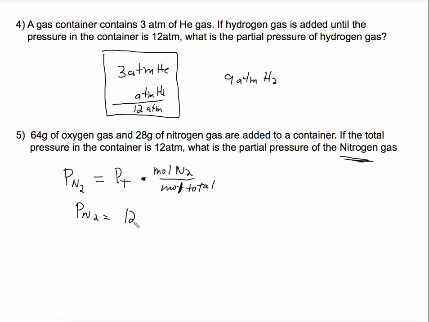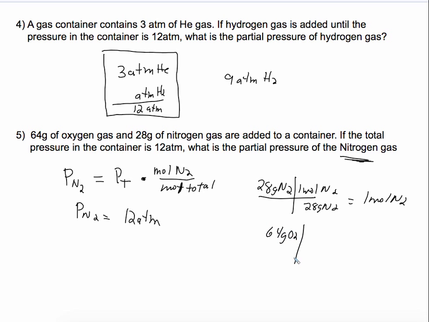So what you would do is say, okay, I want to find the pressure of nitrogen. The pressure total is 12 atmospheres. Now you've got to figure out the moles of nitrogen and the moles of oxygen and figure out the total. There's 28 grams of nitrogen, and 1 mole nitrogen is 28 grams nitrogen.